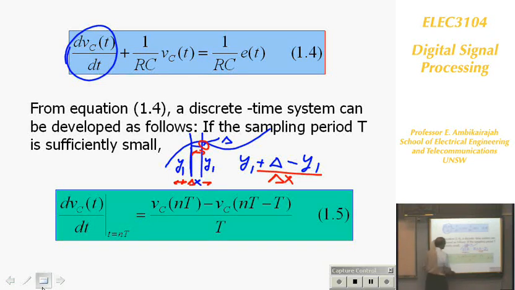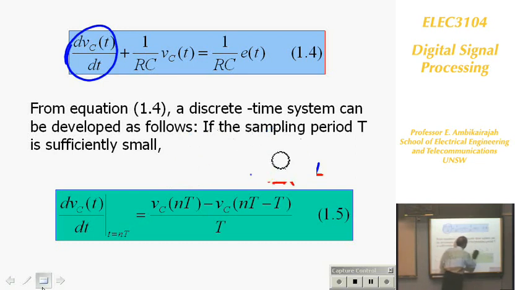If you look at our discrete system, just take a discrete system. Let me draw one. I've got a value here, a value here, a value here, a value here, a value here.